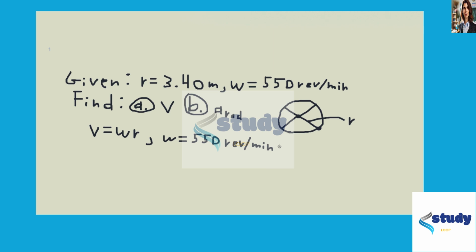Okay, so we know that in one revolution, we're going to have 2 pi radians. So multiply by 2 pi per revolution. And we know 60 seconds in a minute. So multiply by 1 minute over 60 seconds.